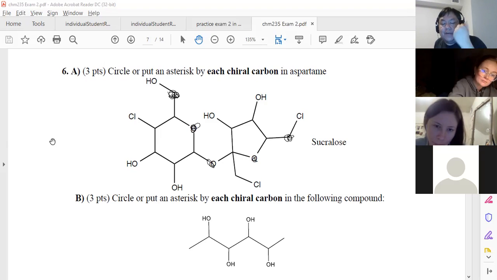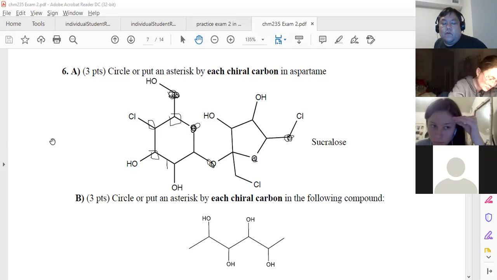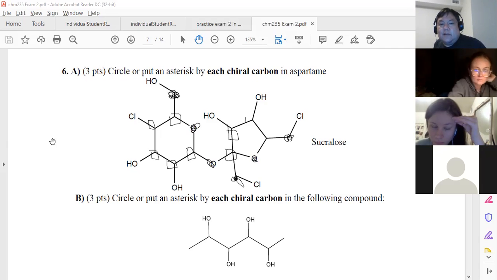Because remember, if you have 2 of the same thing coming off a carbon, it's not a chiral carbon. Okay. So 1, 2, 3, 4, 5, 6. You're not counted. 7, 8, 9. You have 9 chiral centers in there.